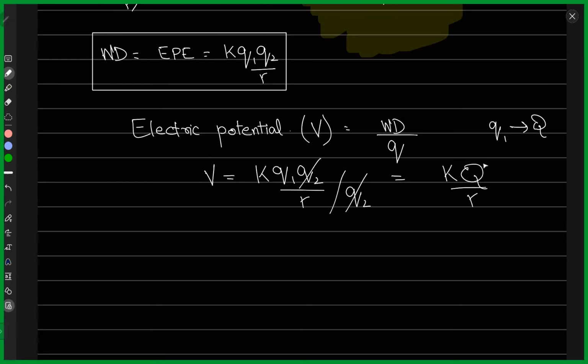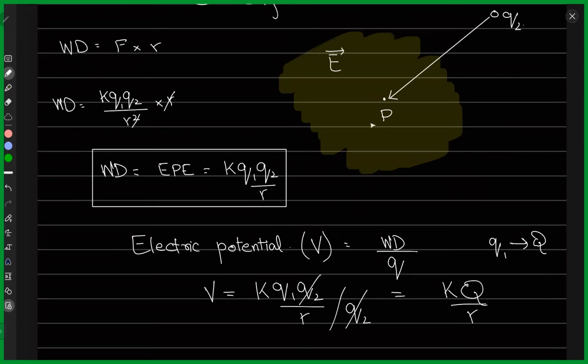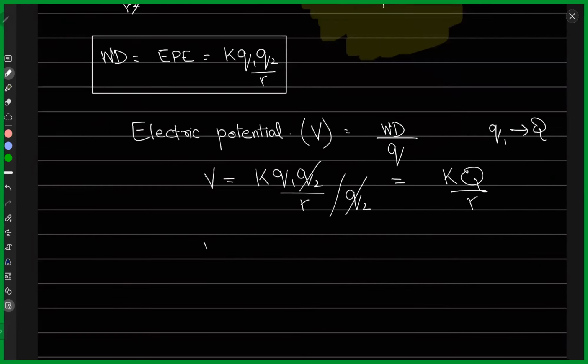And that point charge is this Q, which was the reason for this yellow electric field. So we can then write down V as KQ by R. And that is the electrical potential near any point charge.